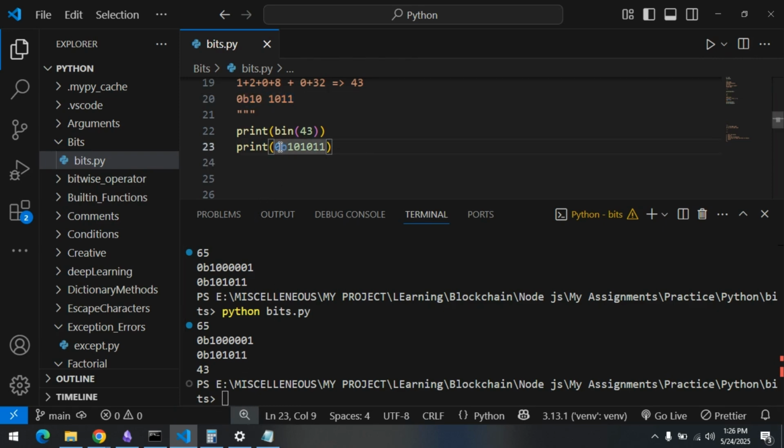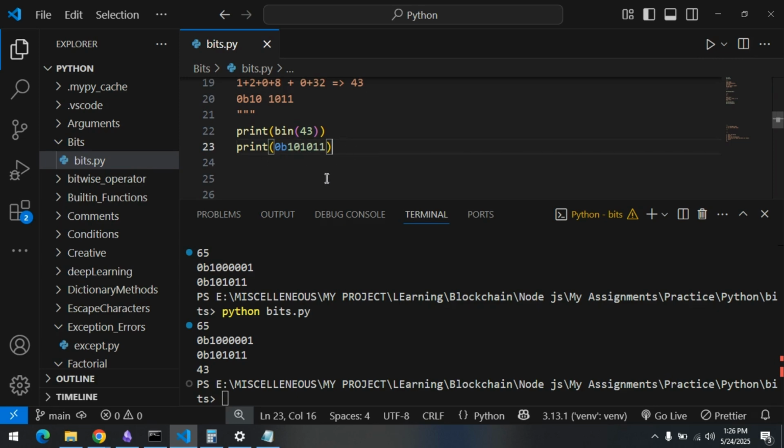Okay, now if I wanted to convert this back, so let's say 0b 101011. If you wanted to convert your binary code back to a decimal form, simply use the int function with base 2.